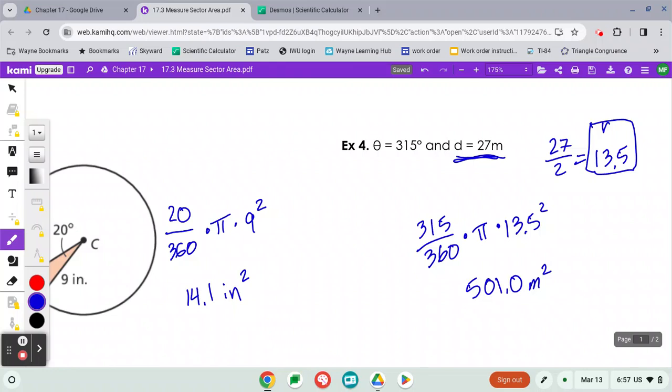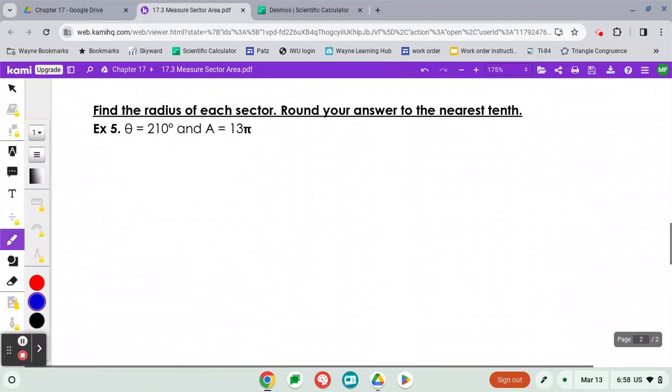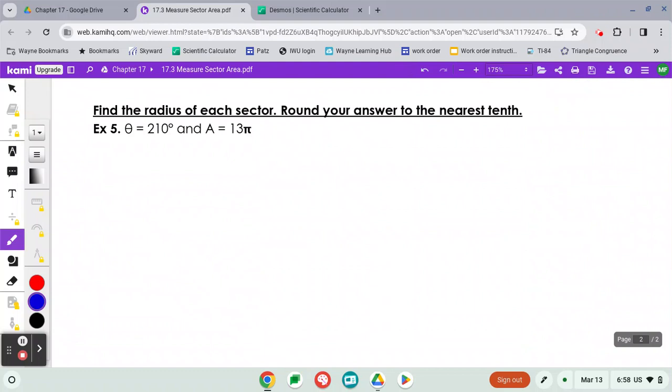All right, on the back, there's one last problem. For this problem, we're instead solving for the radius of this sector. So we know that the area of the sector, which maybe I should have clarified, is the area of the sector, not of the circle.